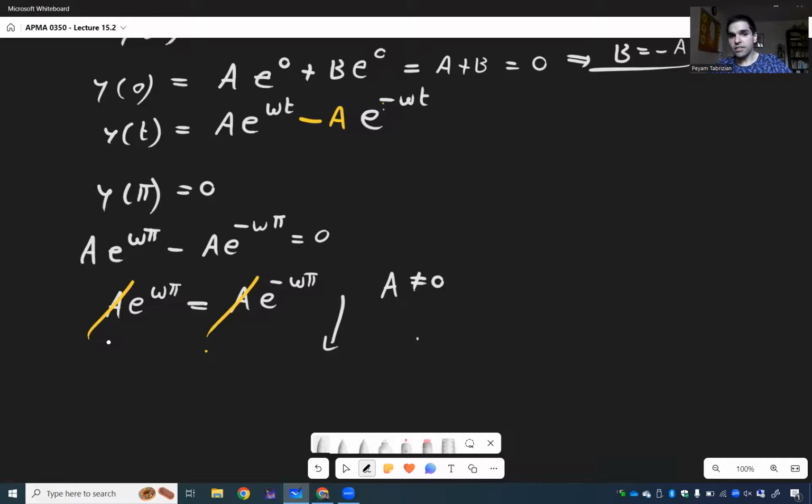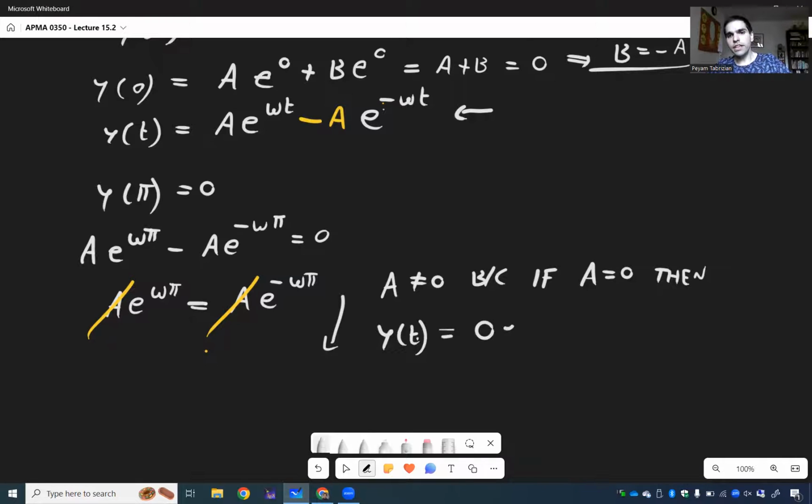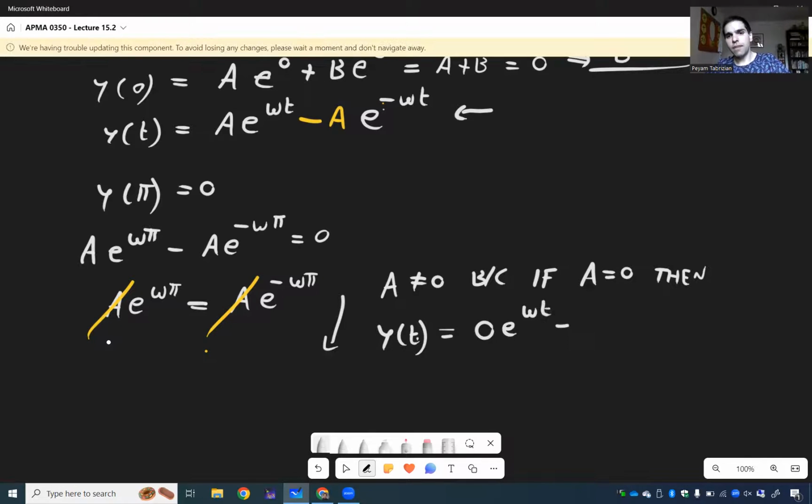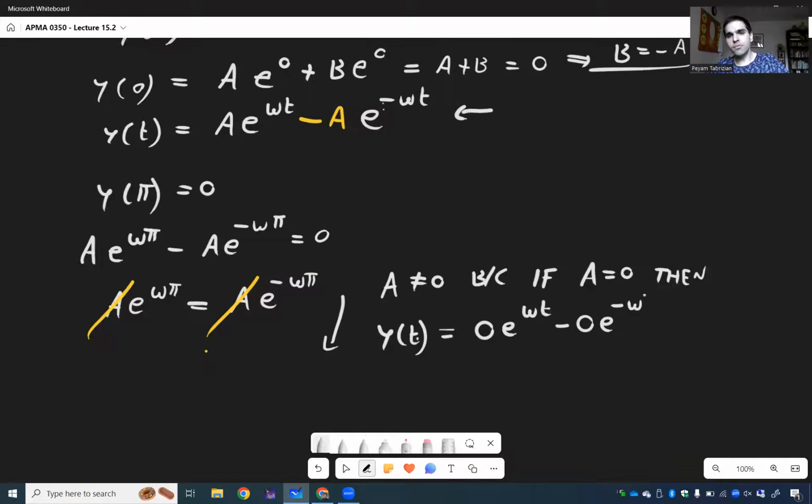However, here it is. So a is non-zero, because if a were 0, then we can go back to y of t. It would be 0 e to the omega t minus 0 e to the minus omega t, and we would get 0. But remember, the goal is to find non-zero solutions of this.